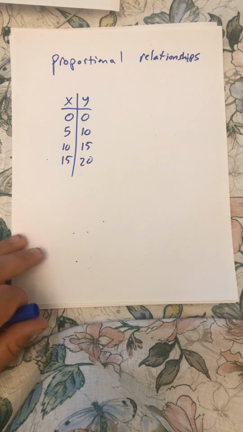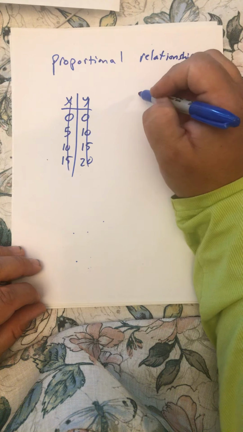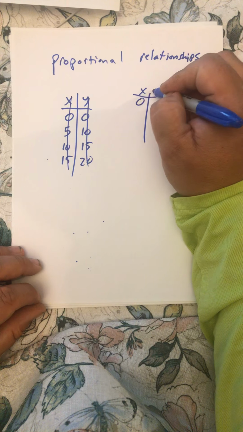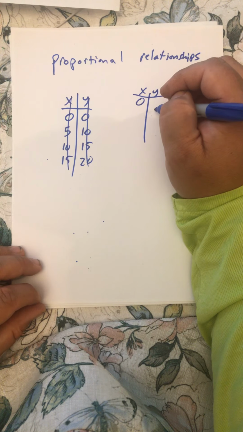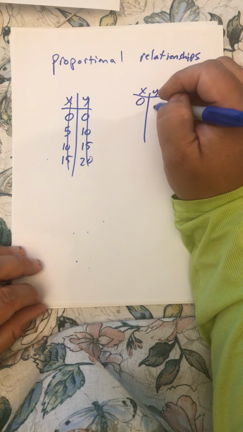My bad. I goofed up on that. Ignore that. A proportional relationship will be where everything goes the same for the increments.